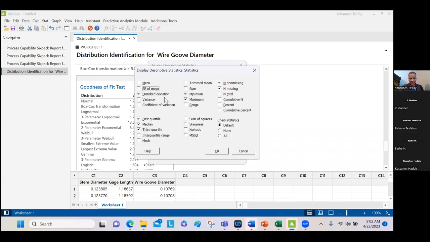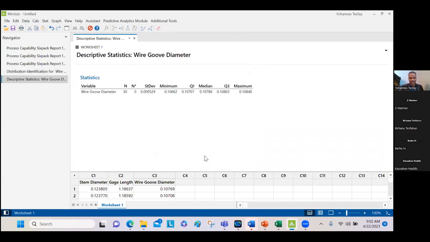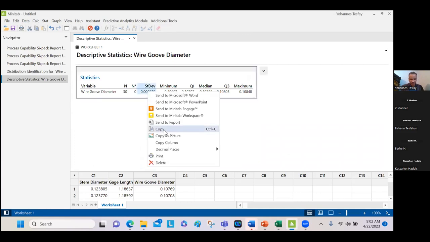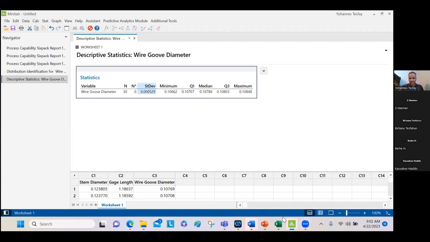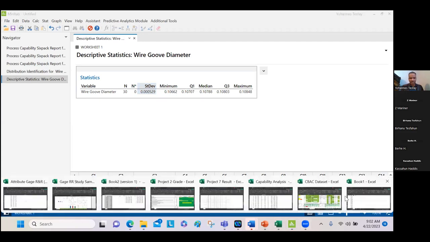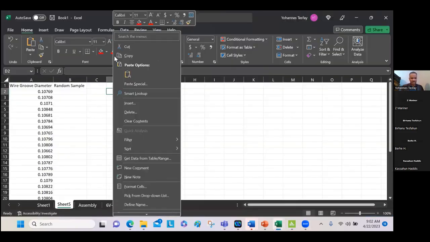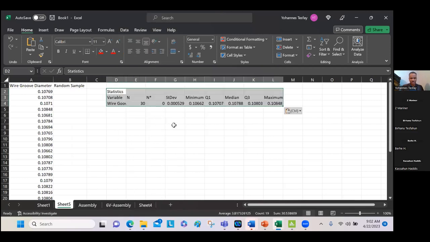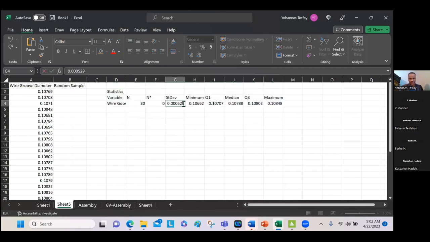I don't need anything else. Then I'm gonna say okay. So the standard deviation is this number. Copy, then put it here. So this is the standard deviation that I have.